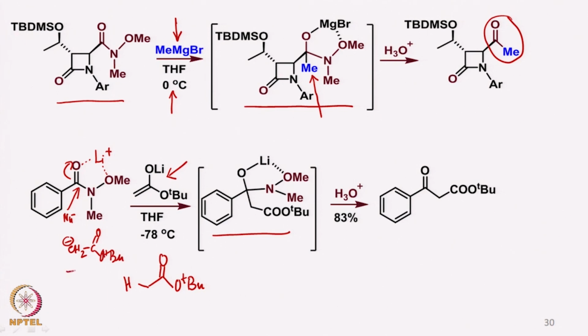The negative part comes from the alpha position of the ester anion, and that leads to this particular carbon bond formation and eventually to the beta ketoester. So this is how one can stop the reaction in the Weinreb amide case from over reacting with nucleophiles.